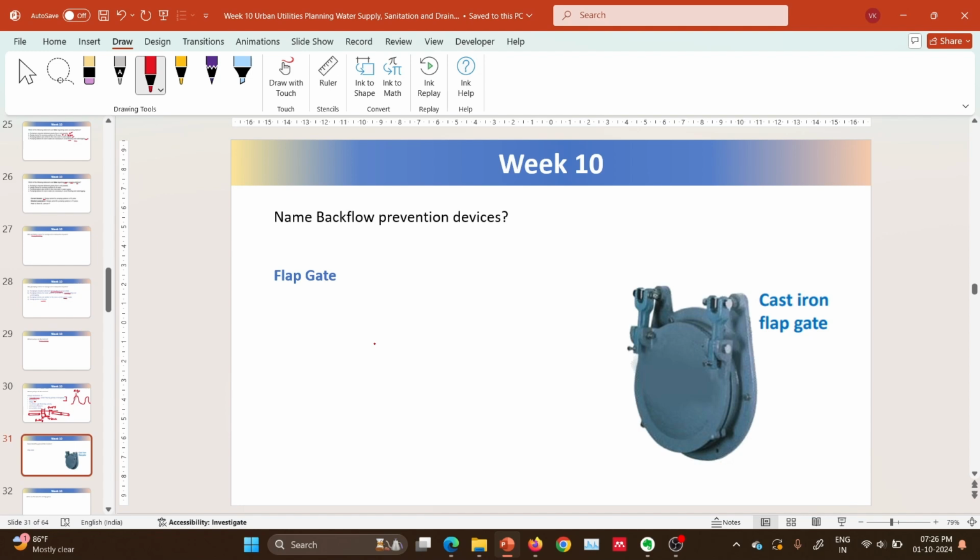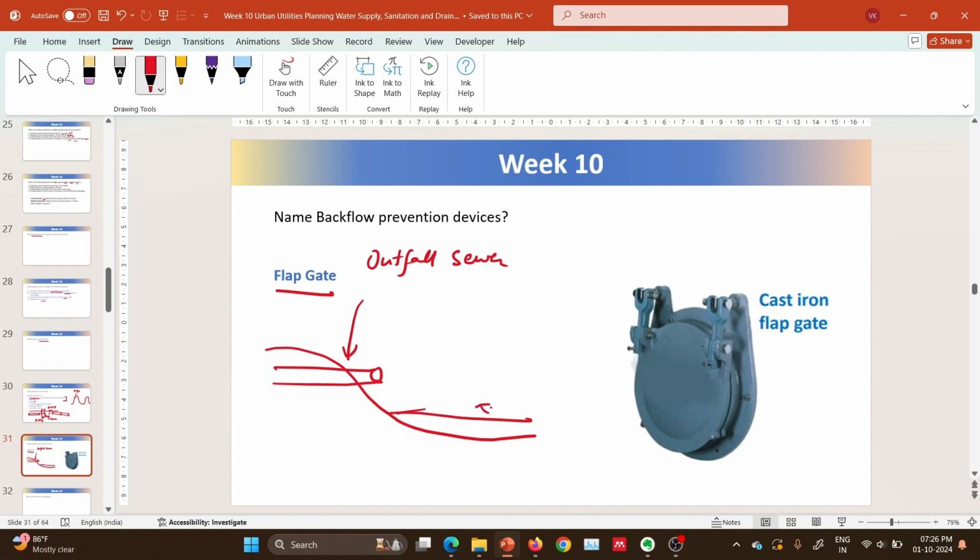Name a backflow prevention device. The backflow prevention device here is the flap gate. So what happens? Suppose you are draining the water into the river. This is your outfall sewer, and this is the water level initially.